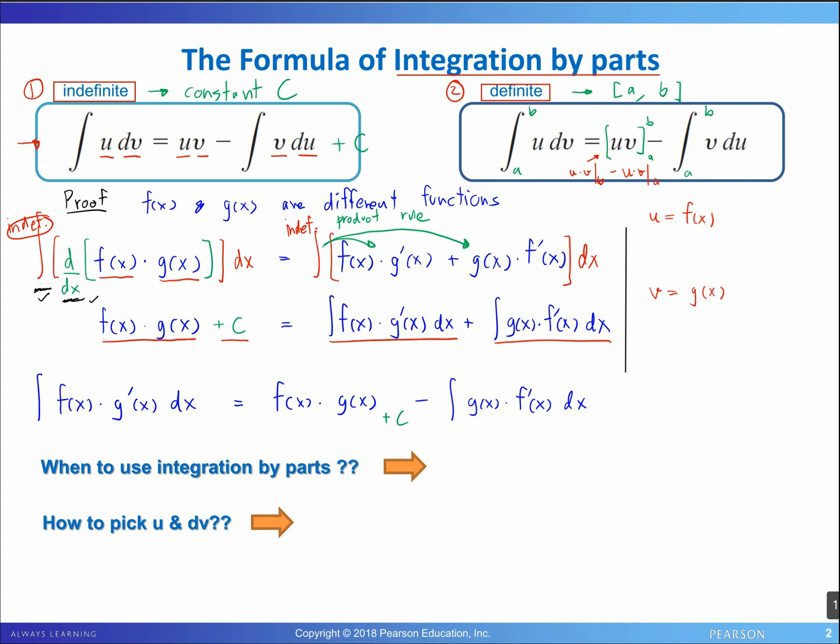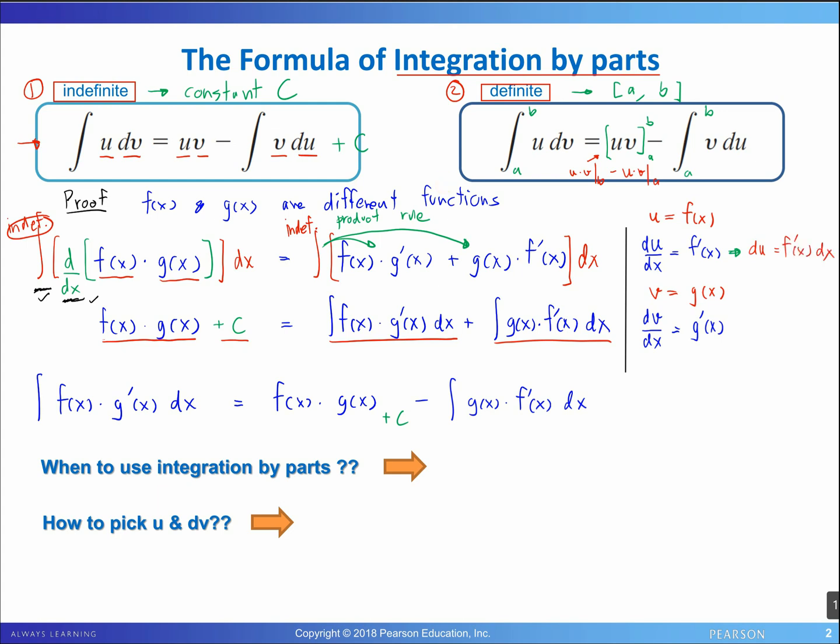And now I differentiate u with respect to x, du by dx, I get the first order derivative of f, and that is f prime of x. And same thing down here, I differentiate v with respect to x, I get the first order derivative of g, that is g prime of x. And now I move dx to the other side, I have du equal to f prime of x times dx.